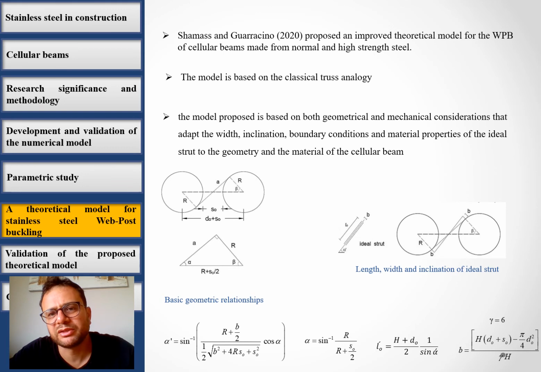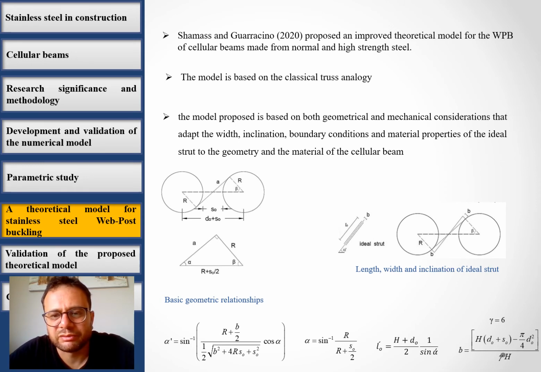This model is based on the classical truss analogy, but our model is based on both geometric and mechanical considerations, where we adopt the width, inclination, boundary condition, and mechanical properties of the ideal strut to the geometry and material of the cellular beam. For more details, you can find them in the paper Shamass and Guarracino 2020.